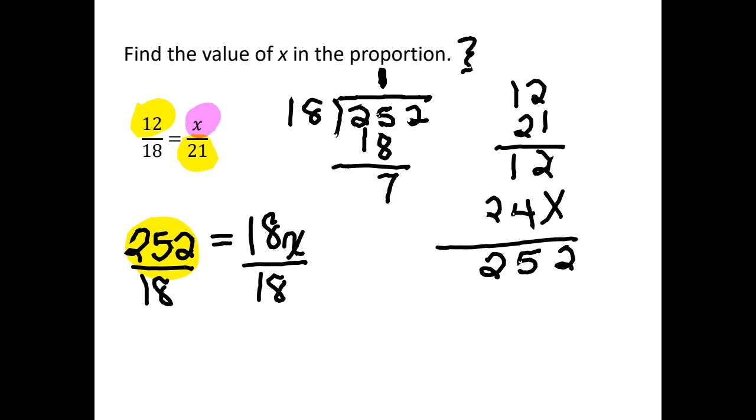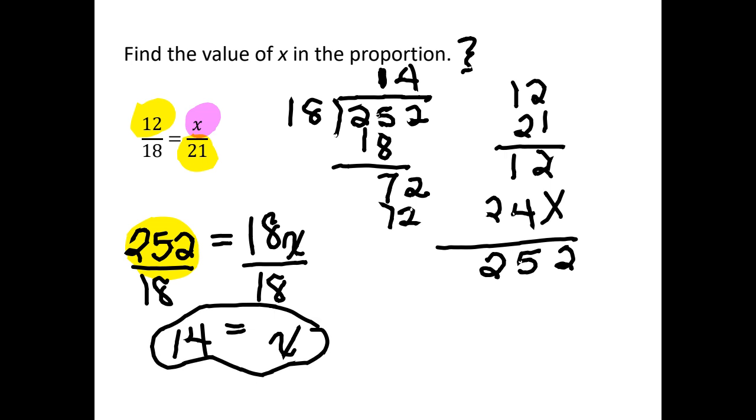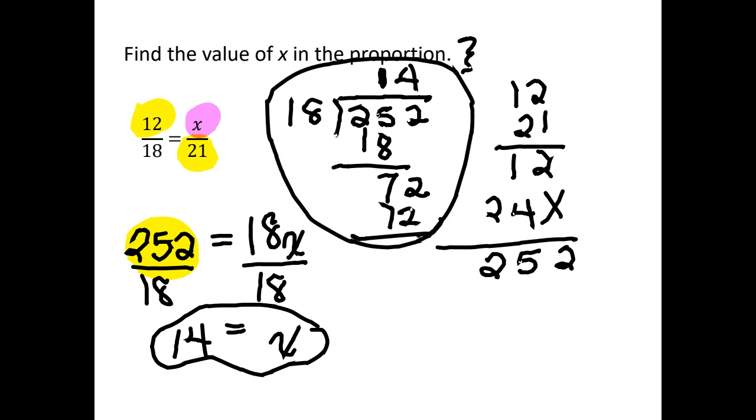This is 72. X is equal to 14. That is my answer. I've got to know that I'm dividing. Whatever number x has, I'm dividing by it.